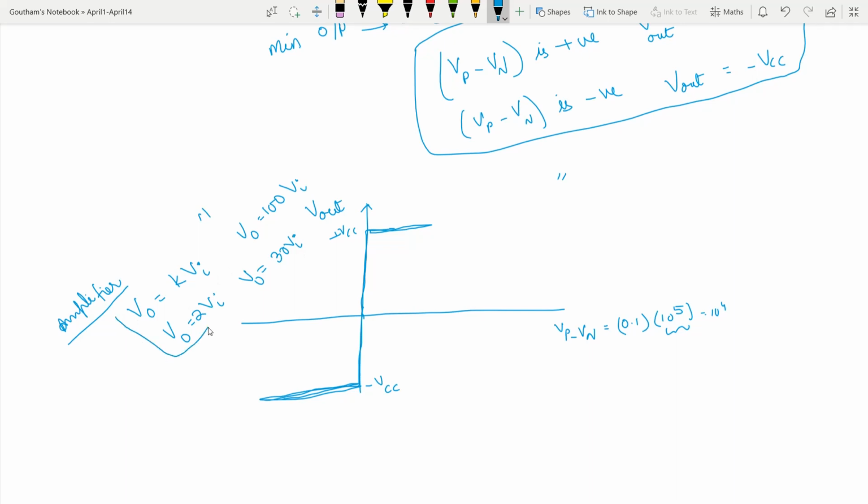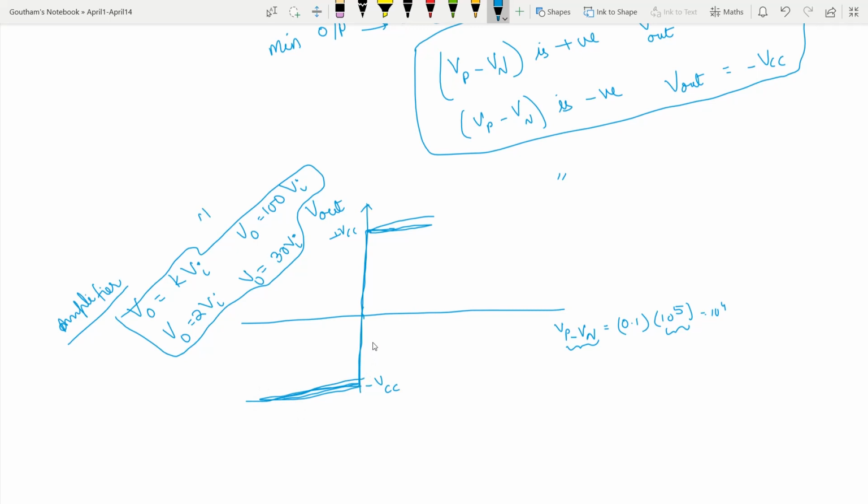So this is a good way of using an op amp. But here, a very small positive input voltage is going to plus VCC, and a very small negative voltage at the input, that is when Vp minus Vn is negative, results in minus VCC.